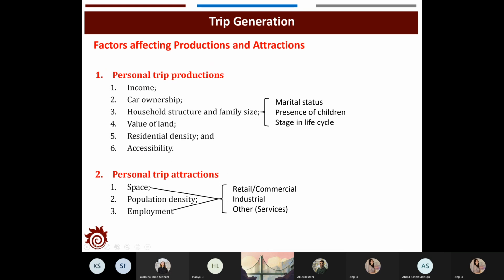And for the trip generation step, we will focus on estimating the trip production, and this model can also be extended for the trip attraction. To estimate the trip production, we will assume that the production will be a function of all these important factors.